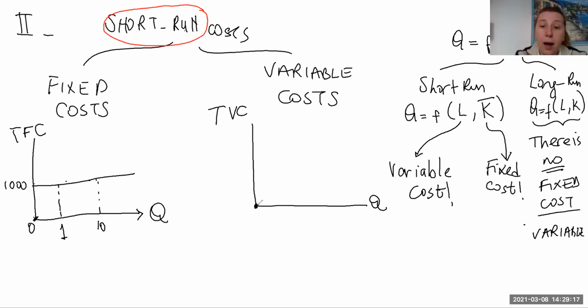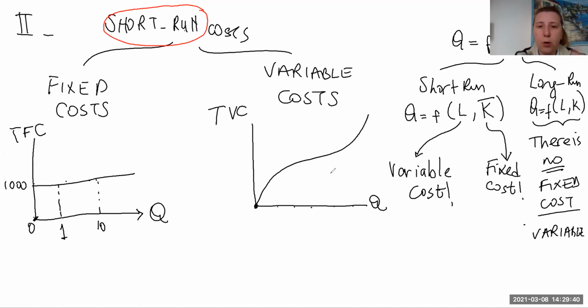When the firm starts to produce output, when Q increases, the total variable cost increases, but it's not a normal or linear increase. It's a third degree function in normal cases. And this shape comes from the shape of the short-run production function.